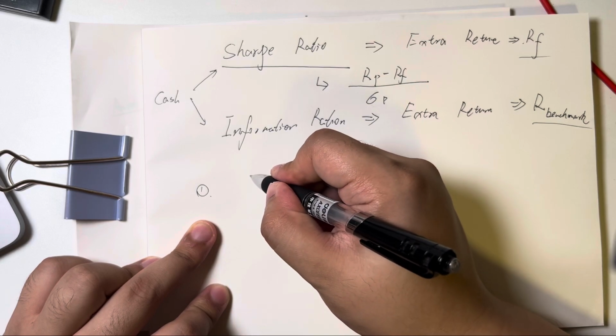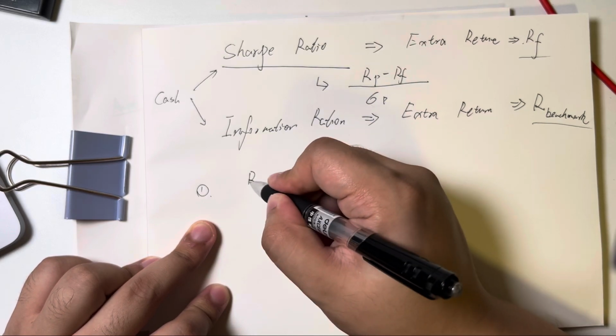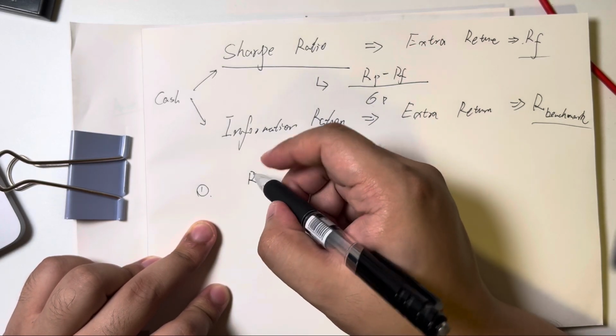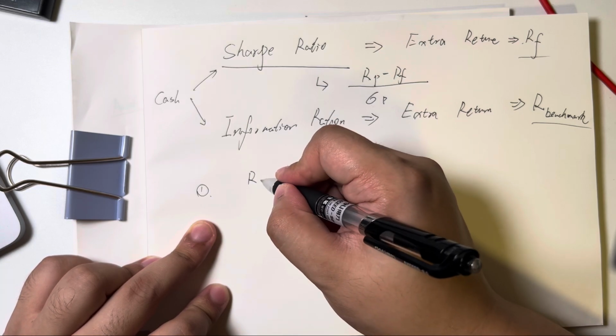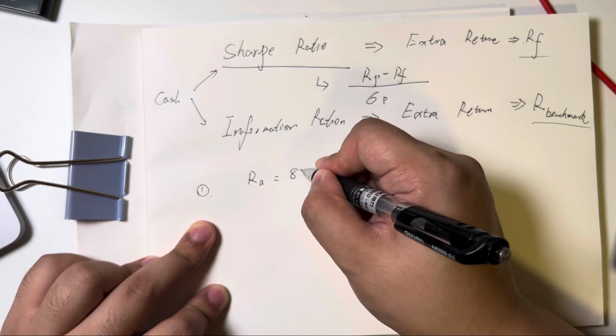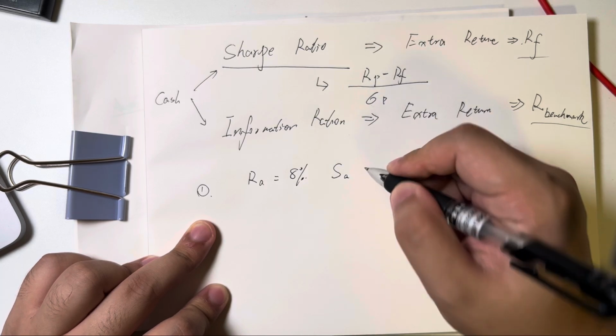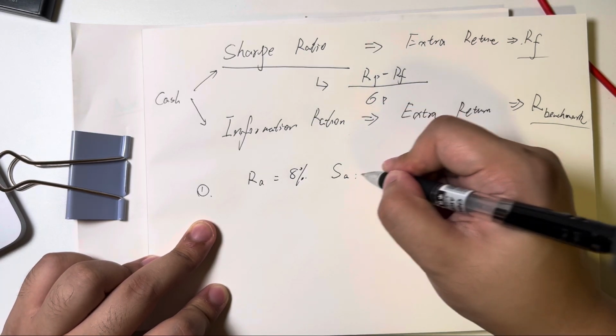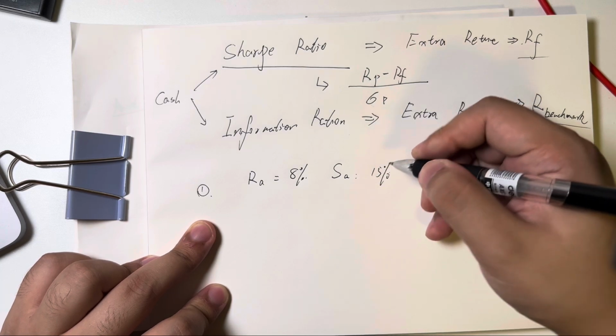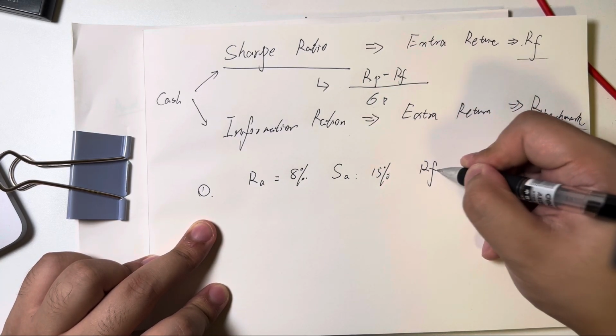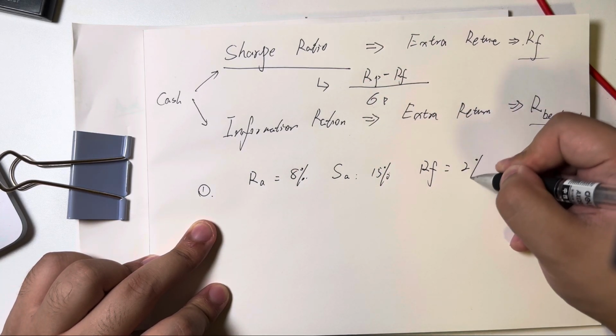We have the expected return of a certain portfolio, say A, at 8%, and the standard deviation of that portfolio A is, say, 15%. The risk-free rate right now is, say, 2%.